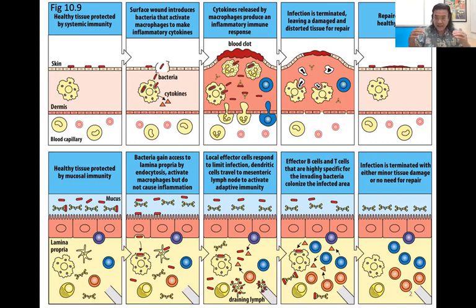Secondly, because the environment inside your GI tract and respiratory tract is moist, and there are lots of nutrients, especially in your GI tract, you would expect to have lots more bacteria in your gut than you actually do on the surfaces of your skin.